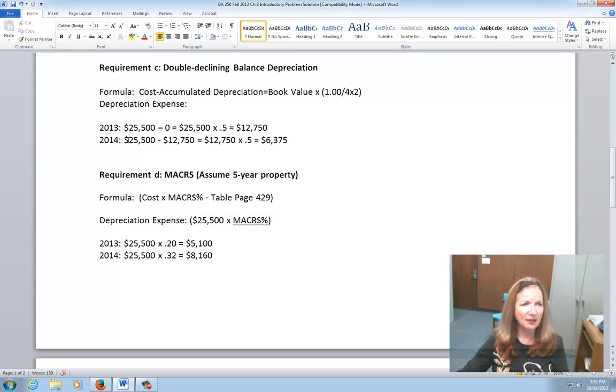For the second year, we have cost minus accumulated depreciation to get a book value of $12,750 times 0.5 to get $6,375 for 2014's depreciation under the double declining method.